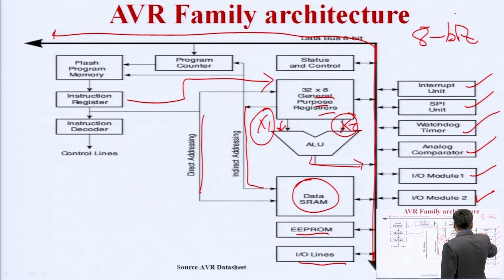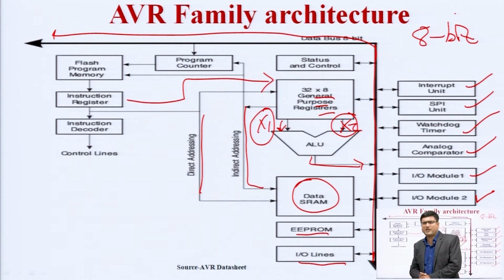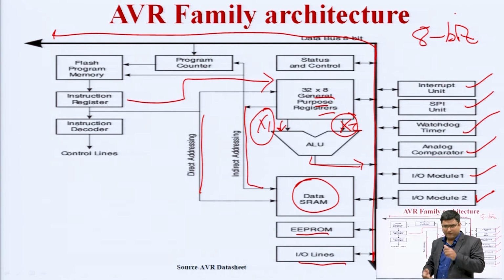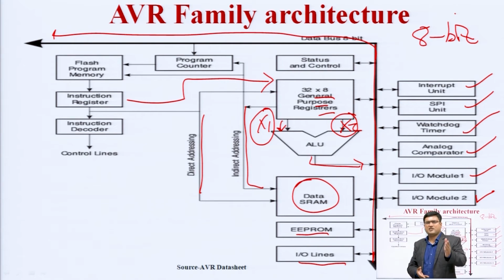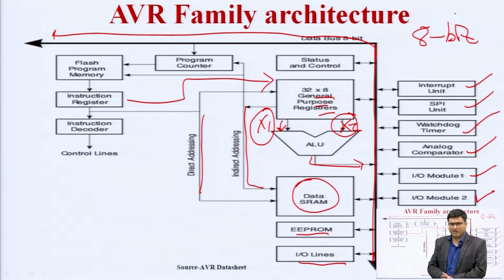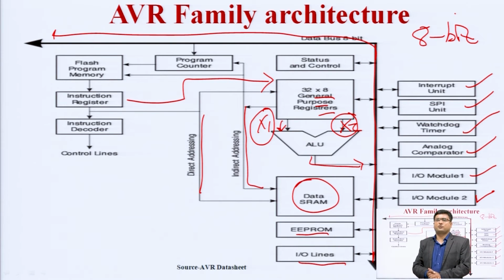So there is an interrupt unit. What is an interrupt? Basically, the interrupt unit handles the interrupts. Whenever we are doing something, if a sudden signal comes, that type of signal is an interrupt signal. For example, if you are watching a movie and your parents ask you to do your homework, what will you do?